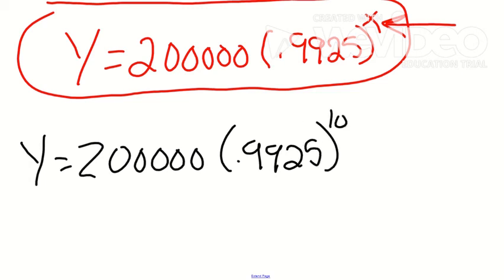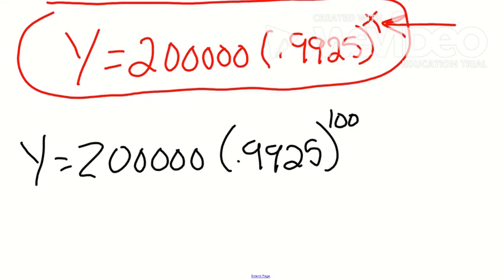So instead of x, I'm going to have an exponent of 100. And again, you'll need your calculator. So you're going to raise the parentheses to the exponent of 100. So 0.9925 to the 100th power.